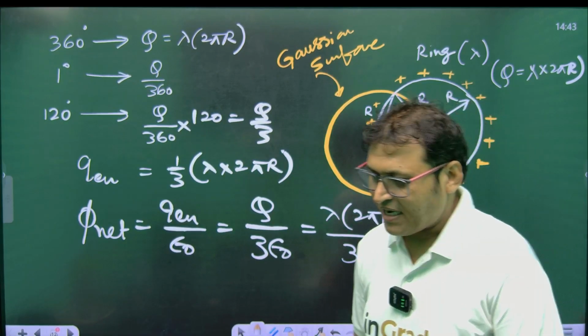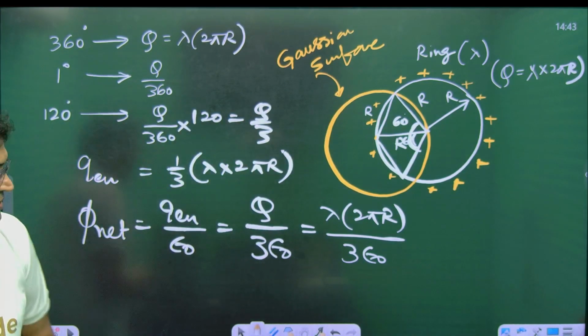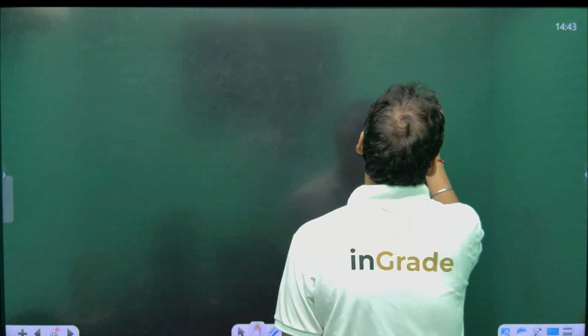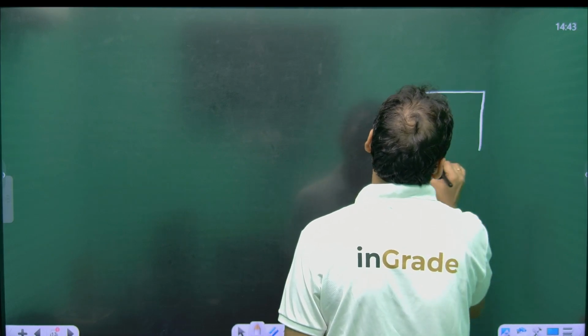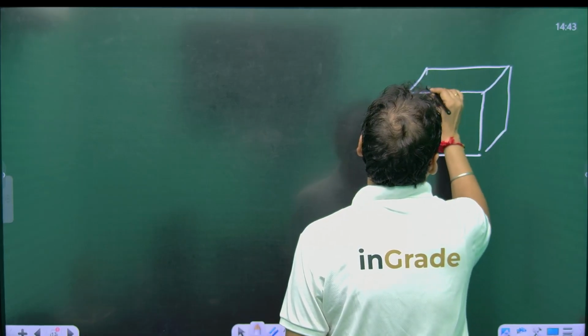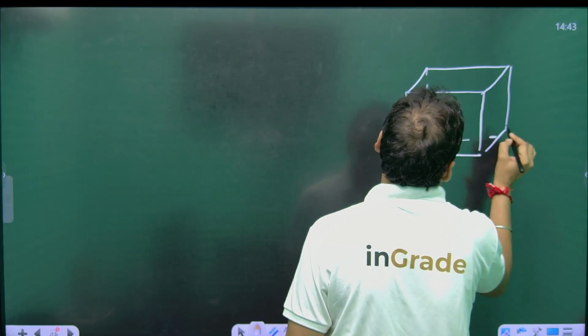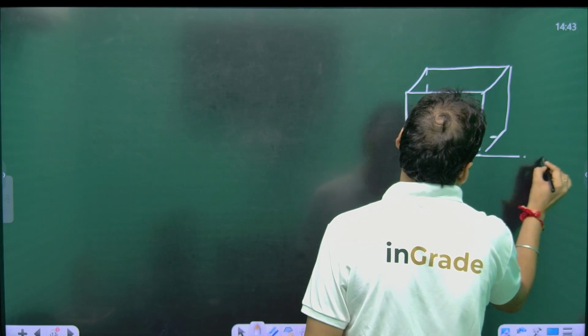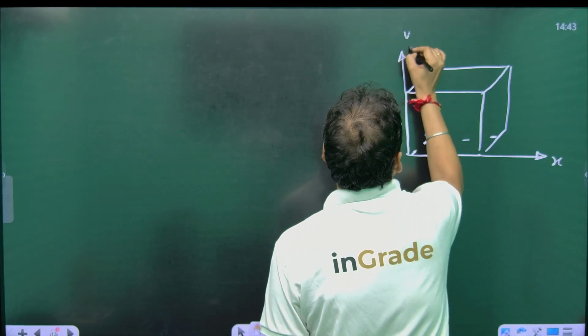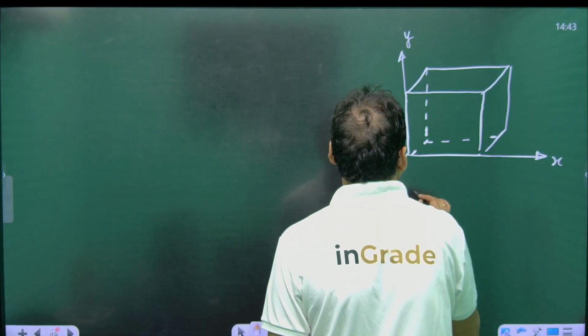Now let us discuss a couple of questions from the JEE Advanced based on this concept. Look, there is a cube of side A. This is, let us say, the x direction, this is the y direction, and this is the z direction.